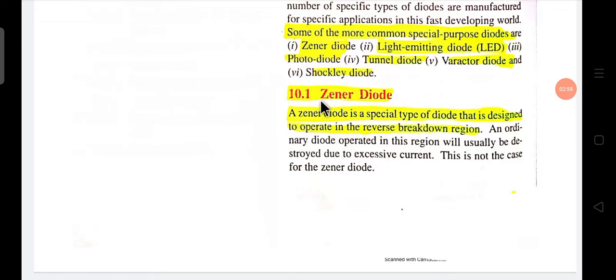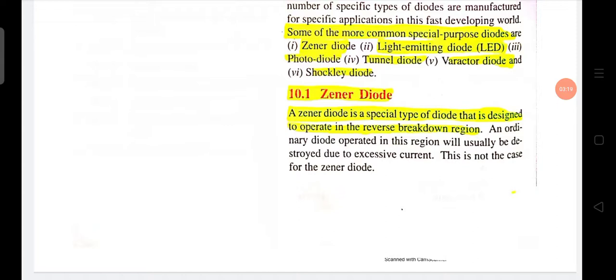Let's start. What is a Zener diode? A Zener diode is a special type of diode that is designed to operate in the reverse breakdown region. That means this diode operates in reverse biasing mode.